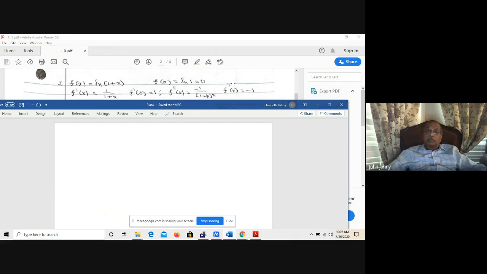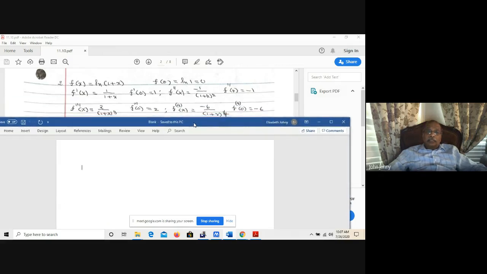So f double prime 0 is negative 1. f triple prime x is 2 over 1 plus x the whole cubed. If you do not remember the formula, you convert this into negative 1 times x plus 1 the whole to the negative 2 and apply the power rule of differentiation. So f triple prime 0 is equal to 2 divided by 1 plus 0, that is 2.